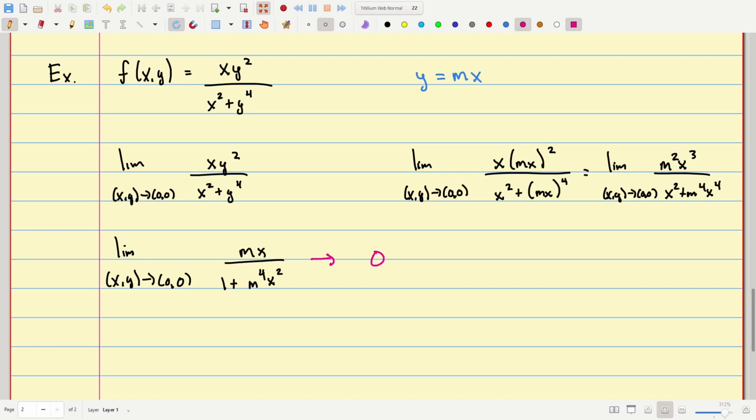Make sense? Because if I plug in 0, I get 0 divided by 1, regardless of what the value of m is. Because m's either 0 or it's not 0. In either case, I get 0 over 1.